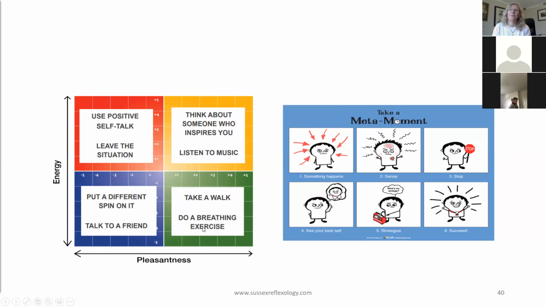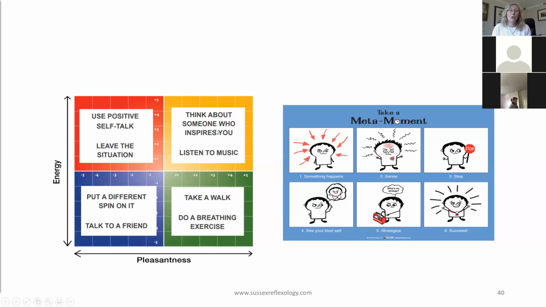And these are some of the strategies that we might use. If we were up here in the red zone, we might want to take a walk or do a breathing exercise or a tapping exercise or a bit of meditation to move us down here into the green. If we were feeling very blue and down, what do I need to do to get myself feeling happier?